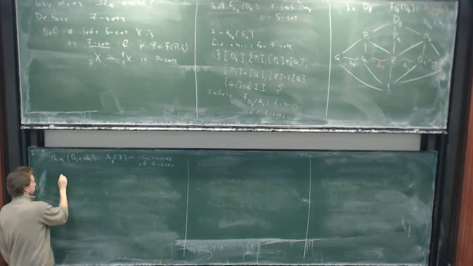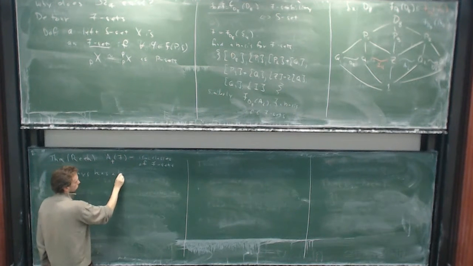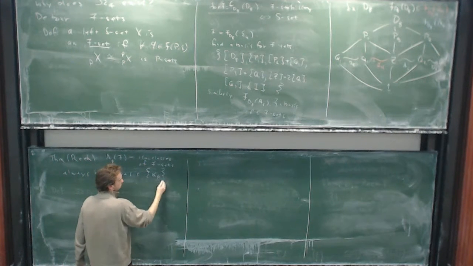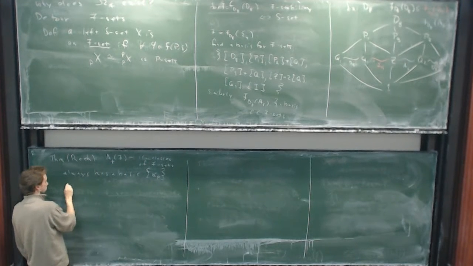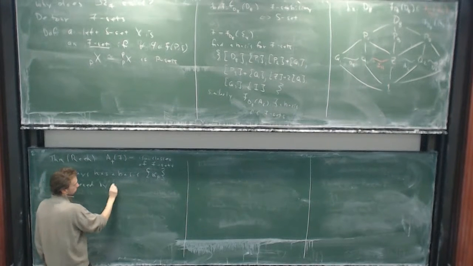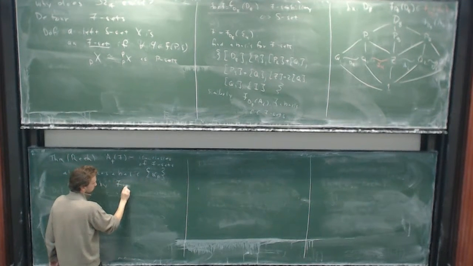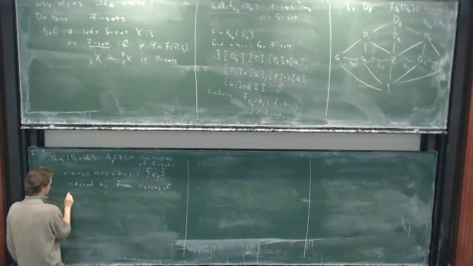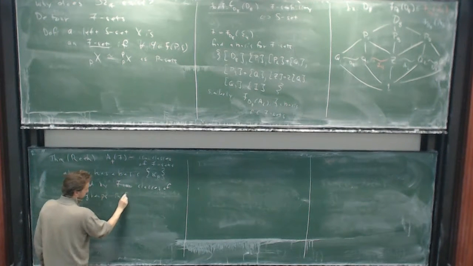This always has a basis, alpha sub P, indexed by the F isomorphism classes of subgroups in S.